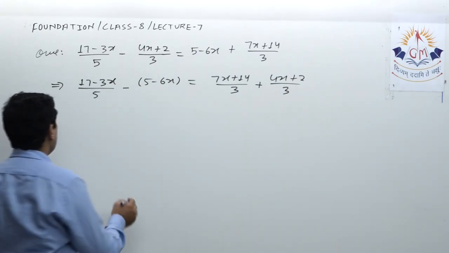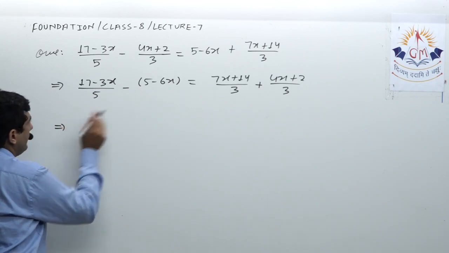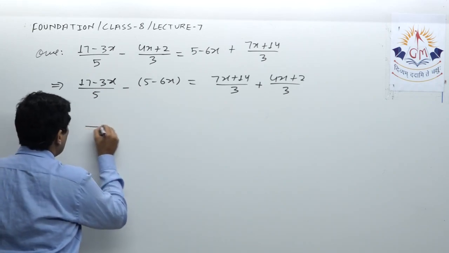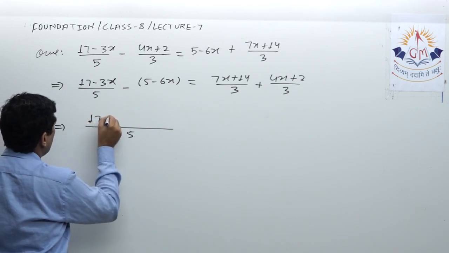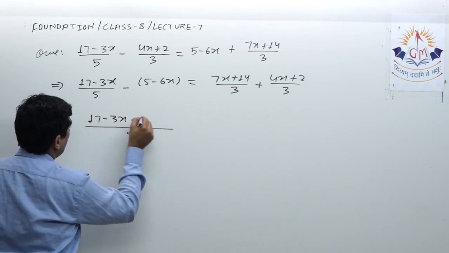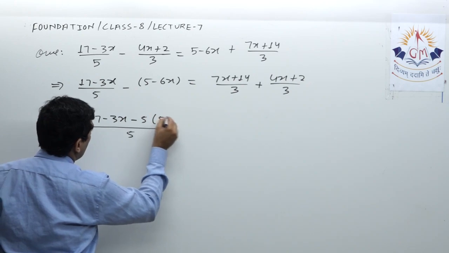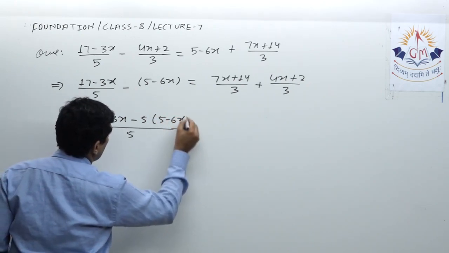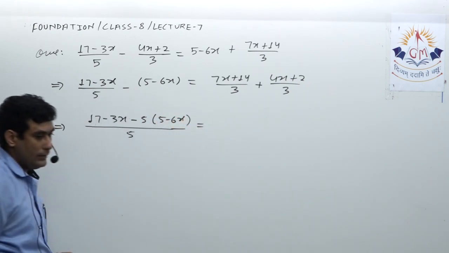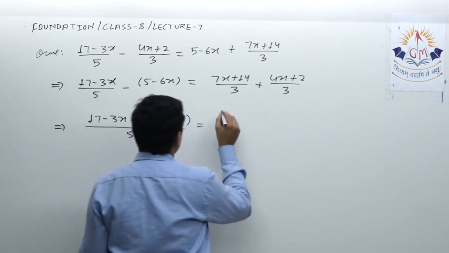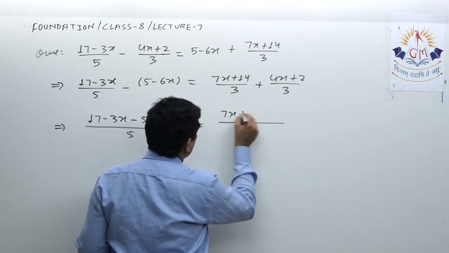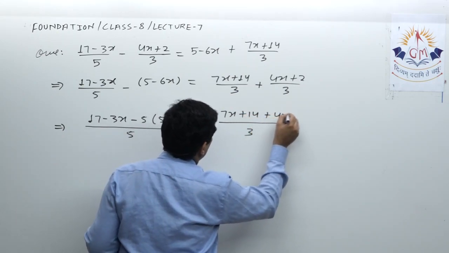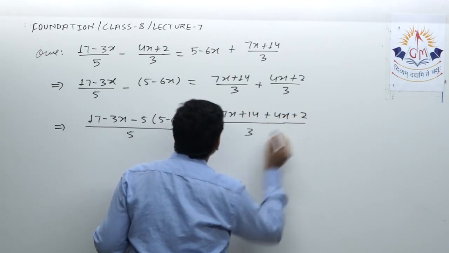To make the calculation a little bit easier, I did this. Now over here LCM will be 5. So 17 minus 3x minus 5 multiplied by 5 minus 6x is equal to, over here LCM is 3, so 7x plus 14 plus 4x plus 2.